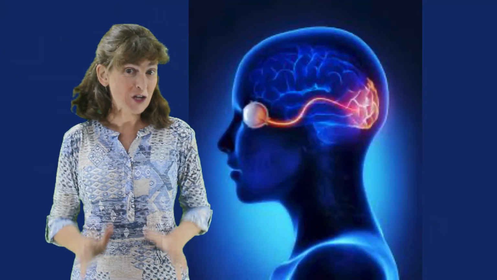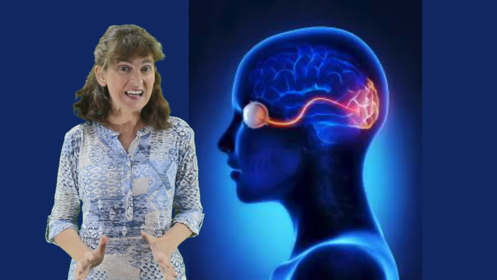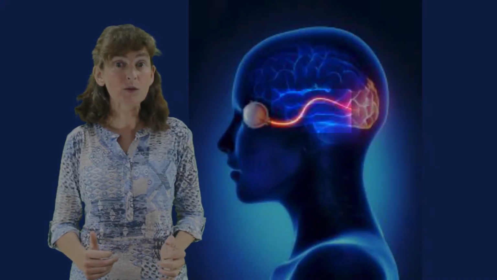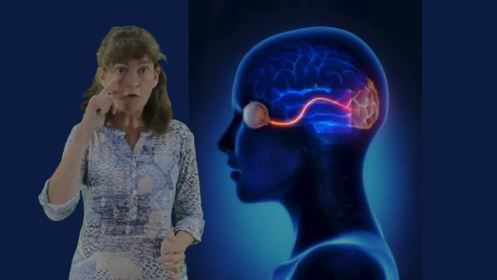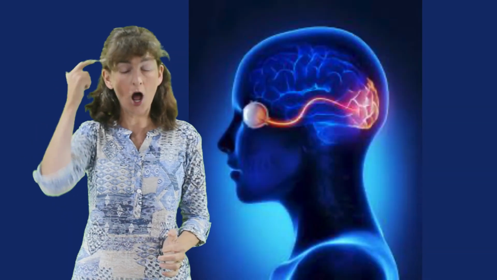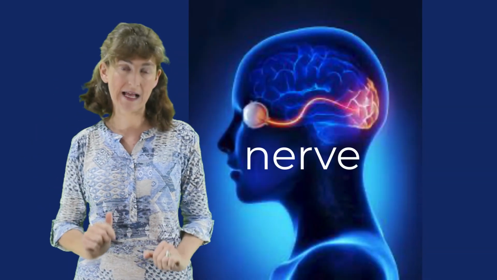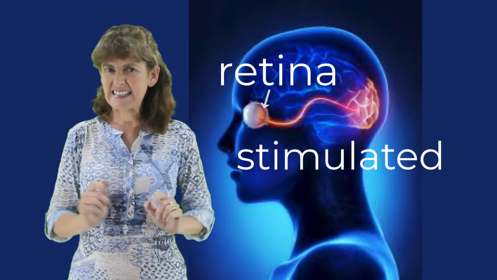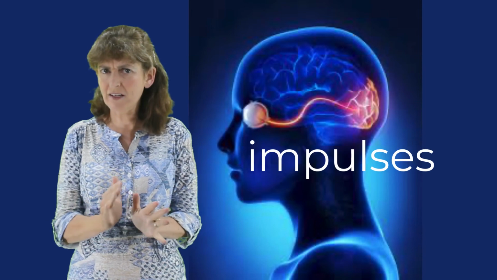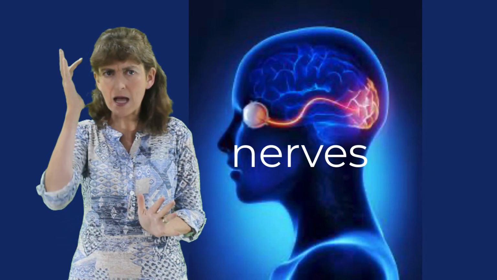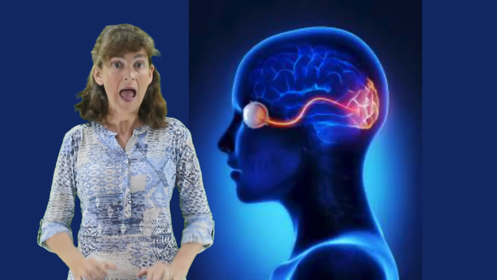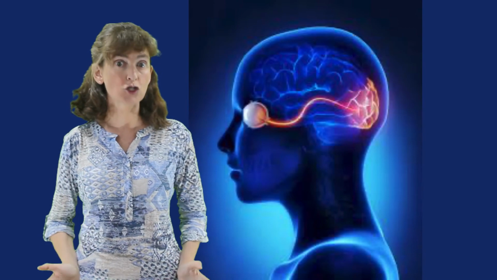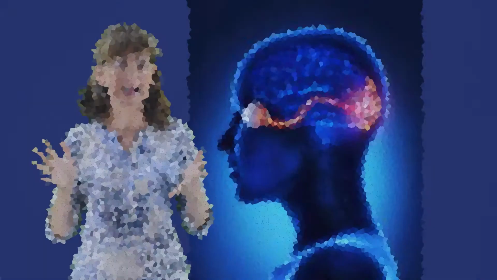The scientific term for this kind of message is an impulse, and the long, thin cells which carry this impulse from the eye to the brain are called nerve cells. So a stimulated retina cell sends off impulses which travel along nerves from the eye to the brain. And when those nerve impulses reach the brain, the brain interprets them as sight.